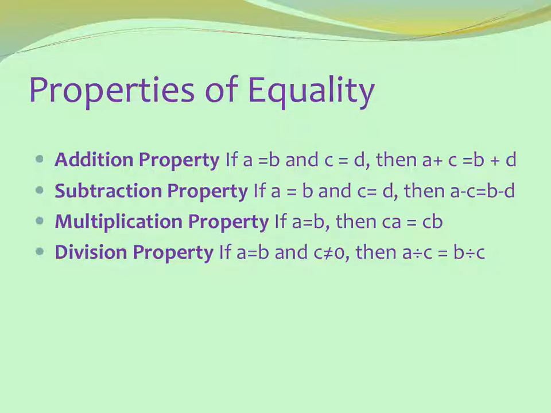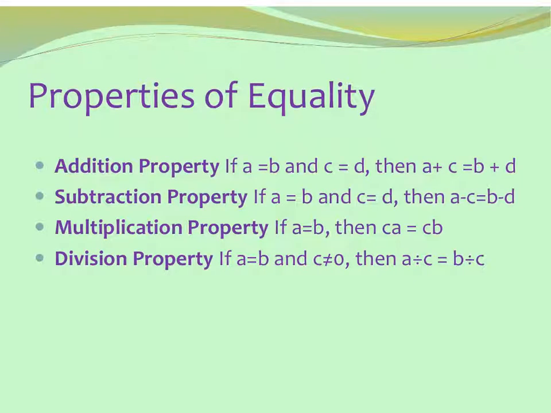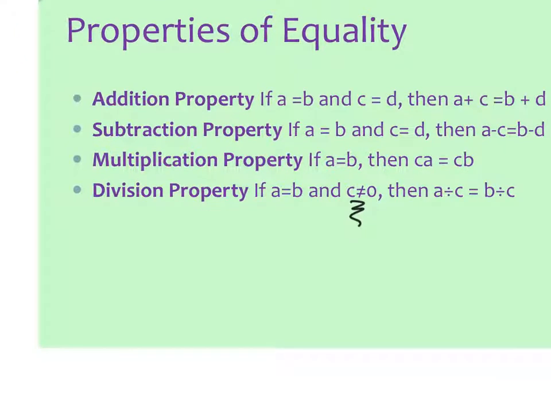Notice this little disclaimer here that C can't be 0. Just know that you can't divide a number by 0. It's undefined. So I'll show you some examples of these. Like for example, the addition property of equality. Let's say I'm giving you an equation and it's x minus 2 equals 5.